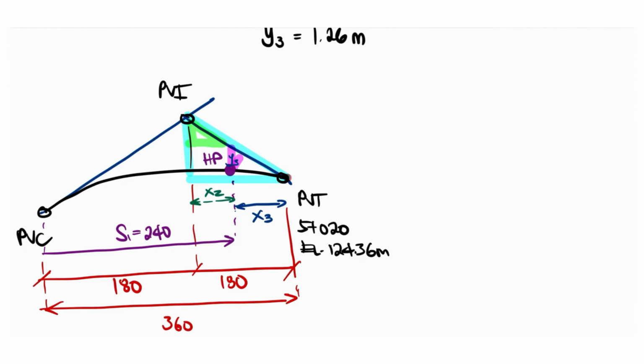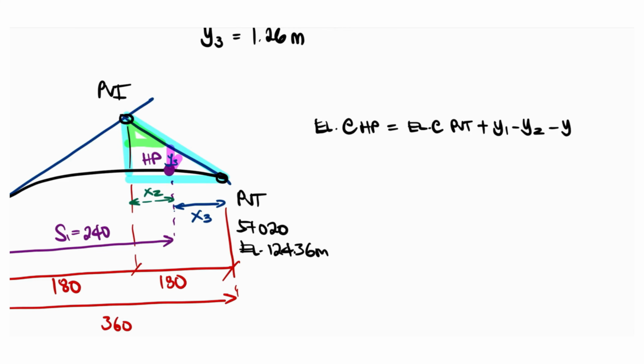Now, let's go back to the illustration and visualize the equation. Starting from the reference elevation at the PVT, we move upward to the PVI through the first triangle, then move downward along the second triangle, and finally go down from the base of the second triangle to the highest point of the curve. From this, we can form the equation. The elevation of HP is equal to the elevation of the PVT plus y1, minus y2, minus y3.